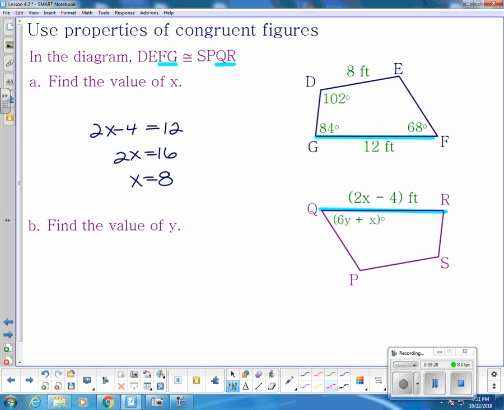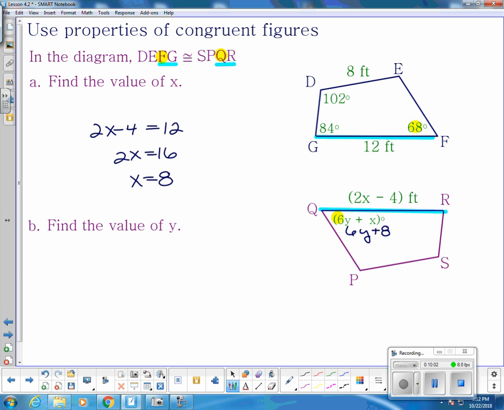Spectacular. I'm going to go back to this angle now. I'm going to change that x out and substitute it with an 8. Now I can use it. Going back, angle Q corresponds to angle what? F. Okay, so Q and F correspond.